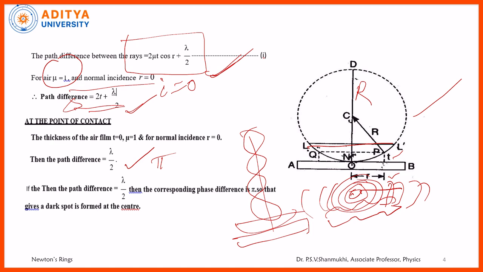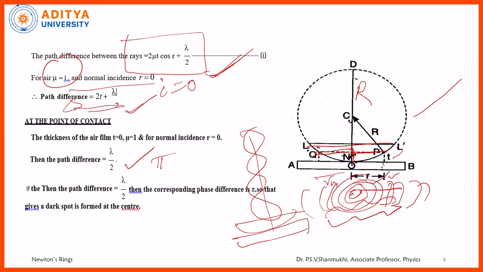According to the principles of chords or principles of geometry, QN into NP is equal to ON into ND. Once again, QN into NP is equal to ON into ND. That is according to the principles of geometry. What is QN? This is given by Rn. What is NP?